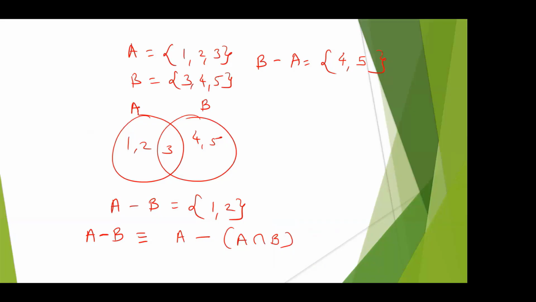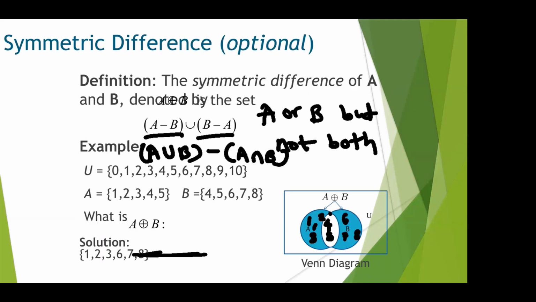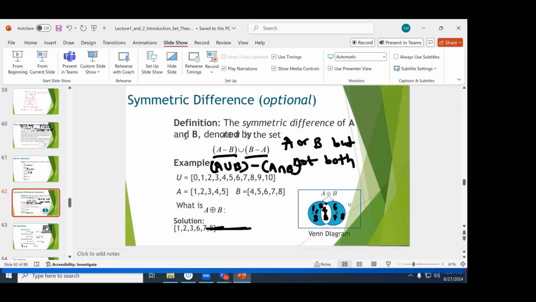Now another one, the symmetric difference. So the next operation is symmetric difference, and I think there is something overwritten here. This was the definition.